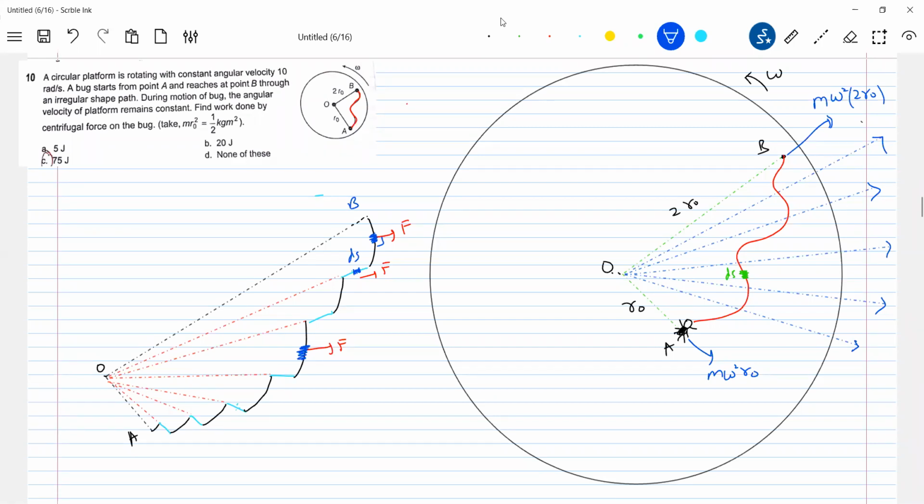Only on that blue color line, no? On the black color arc, there's an arc with center at O. And what about the blue color line? It will be along the radial direction. So this line is measured along the radius. And what about the arc?